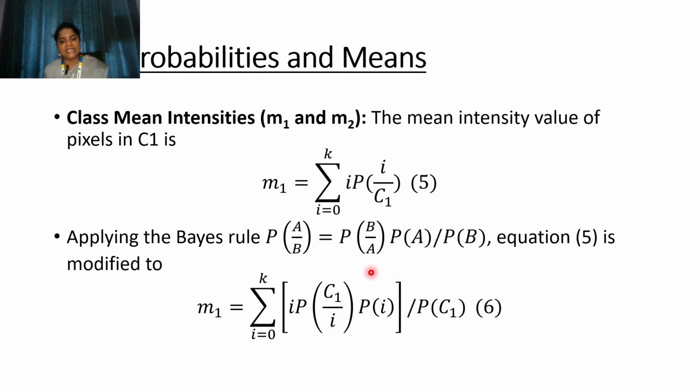So we are substituting the Bayes formula in equation 5. So we get equation 6 as such. So what is equation 6? Equation 6 is used to calculate the mean intensity of class 1. So M1 is going to be summation I is equal to 0 to K, I into probability of C1 given I into probability of I, the whole divided by probability of C1.